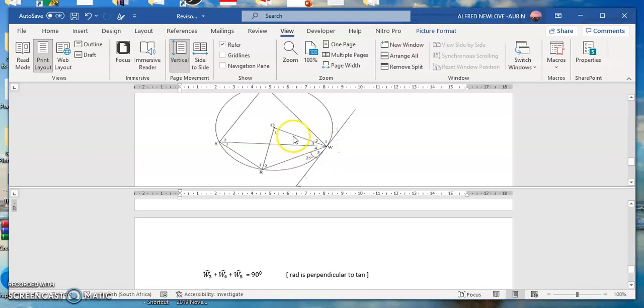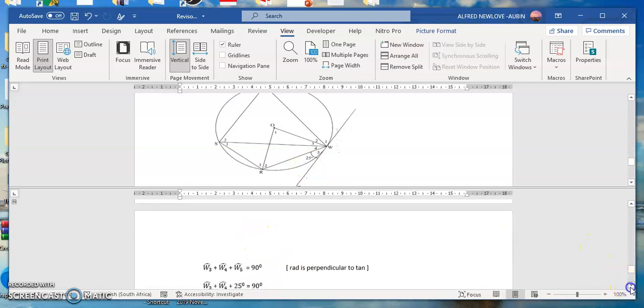This is a radius and this is a tangent, so the whole of this is equal to 90. Radius is perpendicular to tangent. So W3 plus W4 plus W5 is equal to 90 degrees.